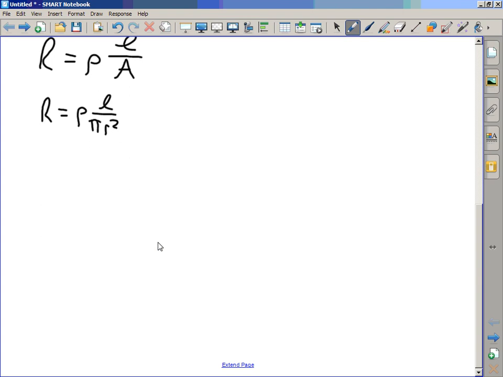But I'm looking for rho. So let's multiply both sides by pi little r squared. Okay, now divide both sides by L. That's all it is.